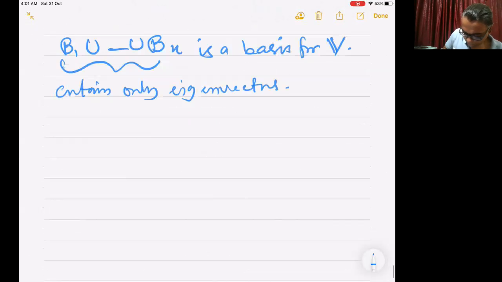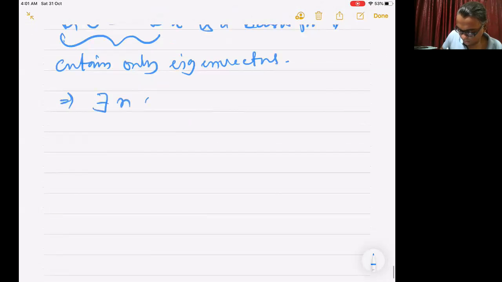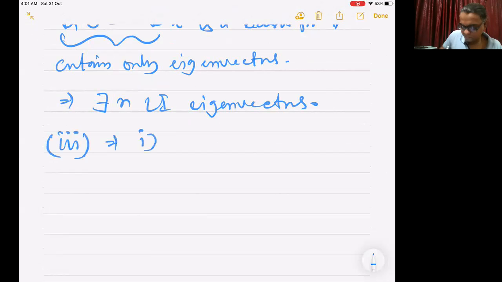Therefore there exist n linearly independent eigenvectors. So 2 implies 3, and of course we have already seen that 3 implies 1, because if there are n linearly independent eigenvectors, then of course it's diagonalizable. So that's the proof. Yeah, so this is what it is. This is when it becomes diagonalizable.